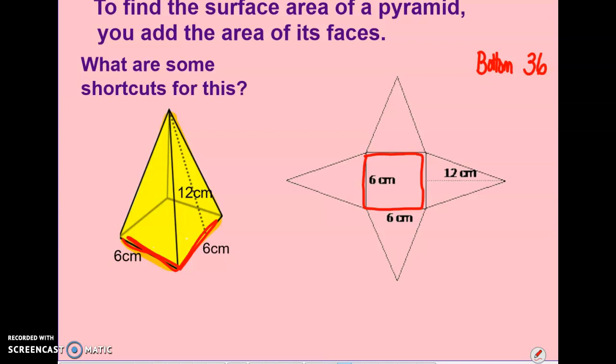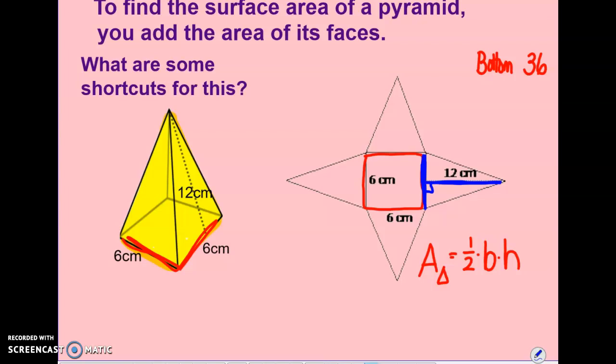I then have 4 congruent triangles. Remember, the area of a triangle is half times the base times the height. So if I were to look at these triangles, they're all the same size. Their base is going to be 6. The height has to be, remember, the distance that makes that right angle. The height is 12.